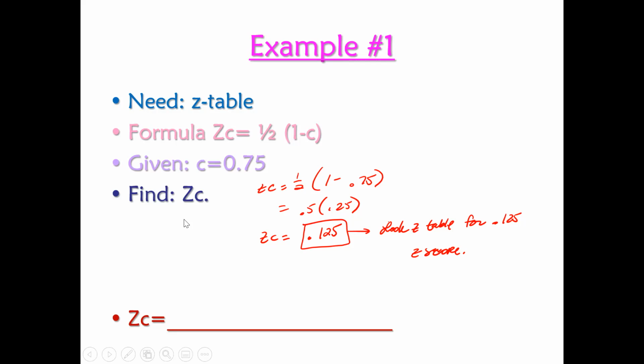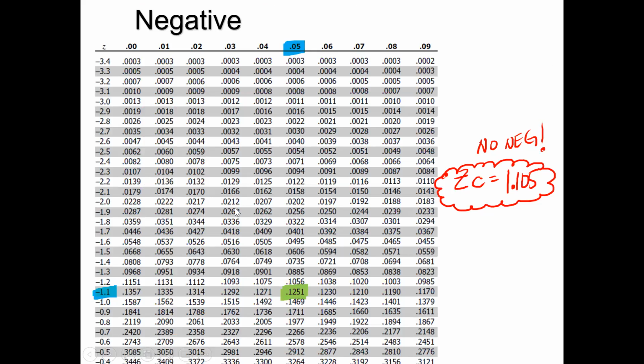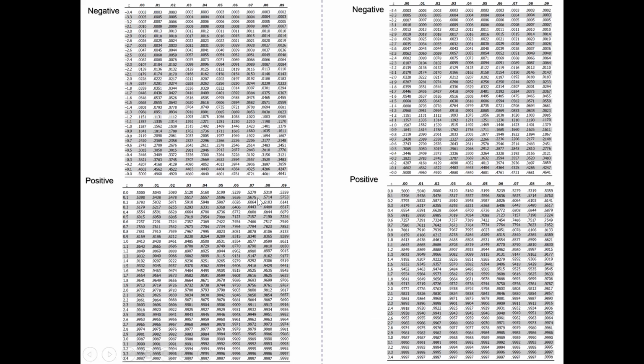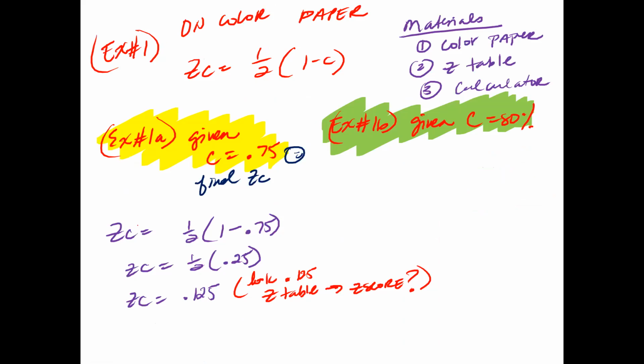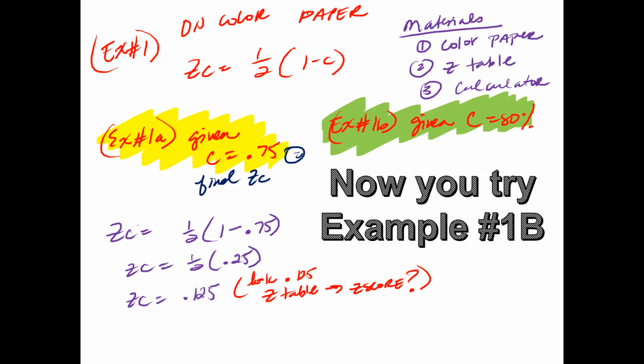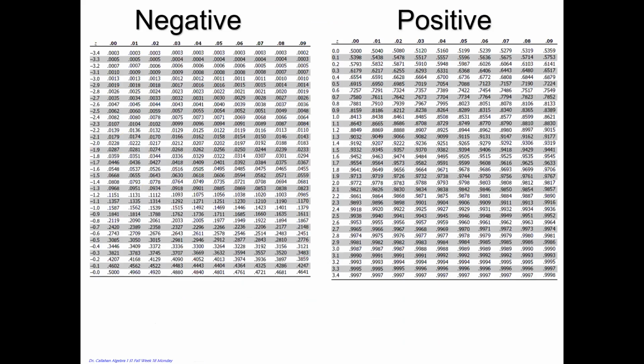This example doesn't actually require you to do that, so we're going to do that on the second example. So if you were to go ahead and, let's see what is going on here.